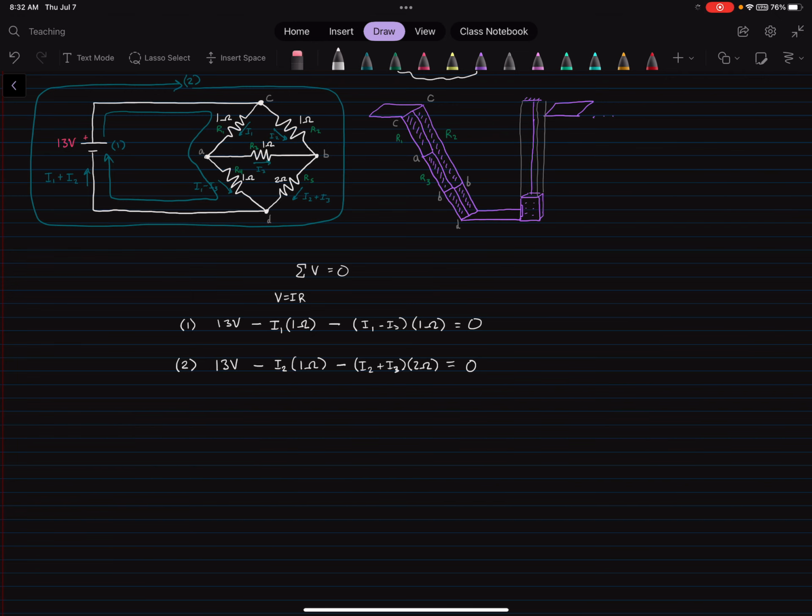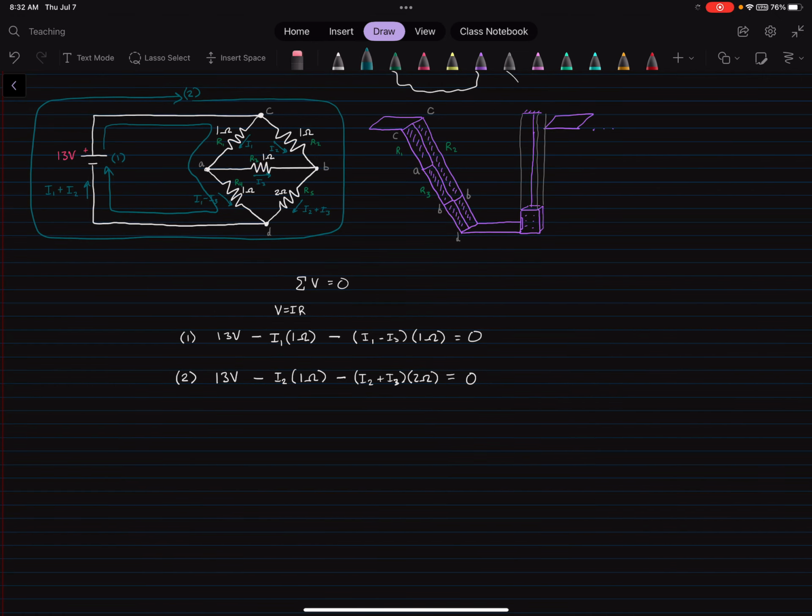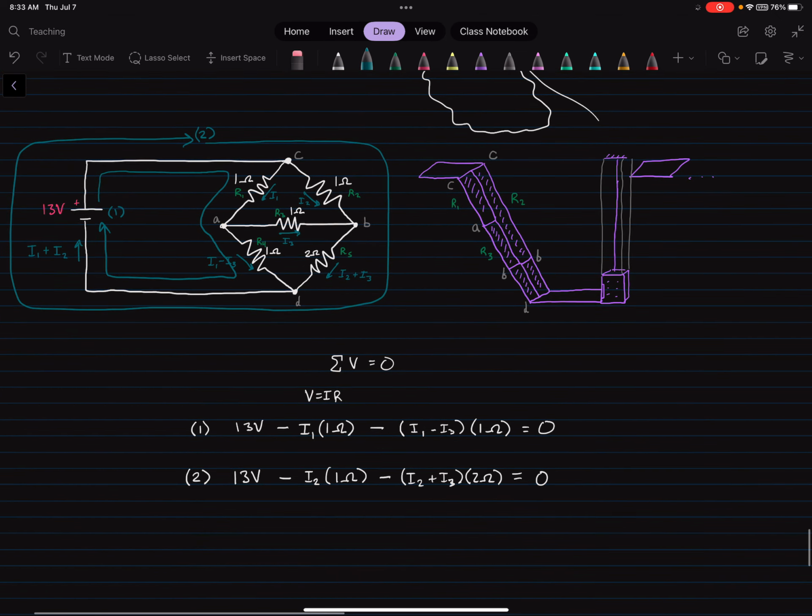All right. The third loop, right? We have 3 unknowns, I1, I2, and I3. So we need 3 equations. So the third loop that we can consider is this one in here. Yeah, that direction. Well, you can go either direction, but this is the one I've worked out. Like that, right?